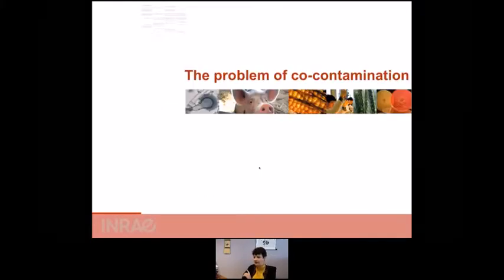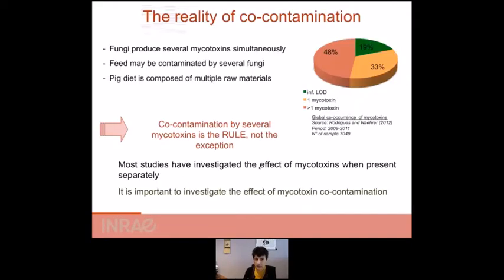So I'm almost finished this part of my talk, but before finishing, I wanted also to tackle a new problem that is today on mycotoxin. And this is the problem of mycotoxin co-contamination. Co-contamination is a reality. It's a reality for several reasons.